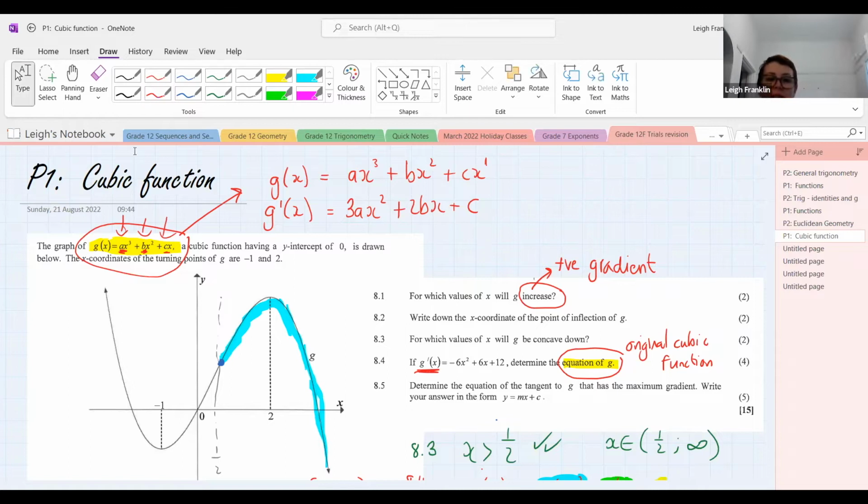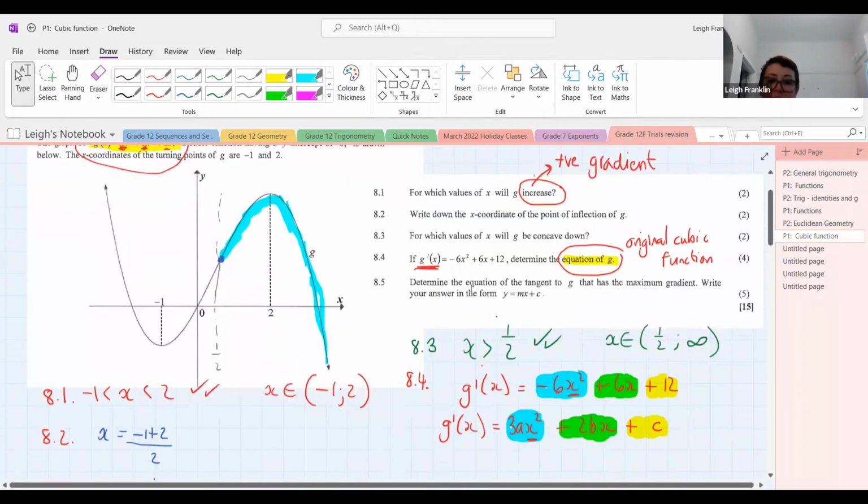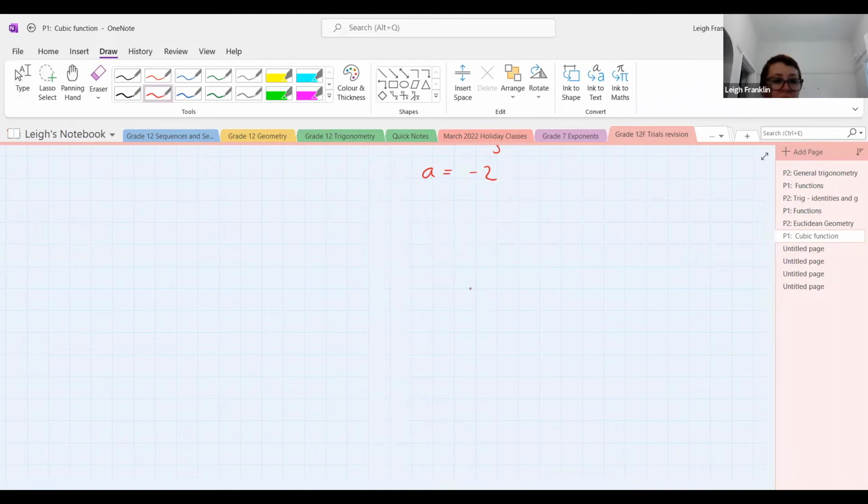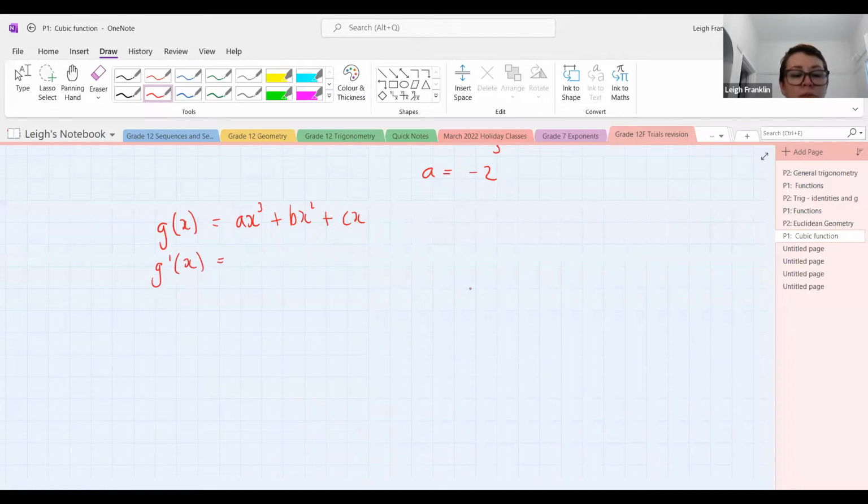So where does the derivative come from? It comes from taking the original function and deriving it, doesn't it? So if the original function is g of x, and it is ax cubed plus bx squared plus cx, the first derivative is me applying the power rule to each of these terms. I'm saying 3 times a is 3a, and then I'm taking 1 away.